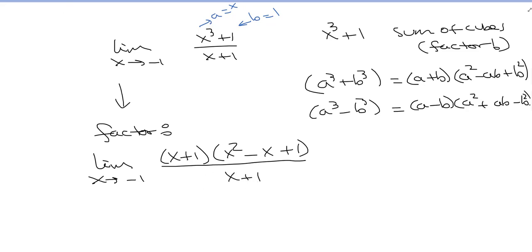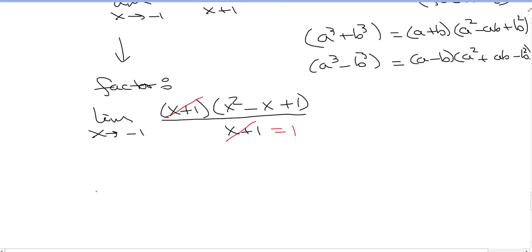And now notice what that factoring did for us. I can simplify. x plus 1 divided by x plus 1 is 1. Those divide out to give us 1. So I'm left with the limit as x goes to -1 of just x squared minus x plus 1. And now plug in again and see if we get a number.